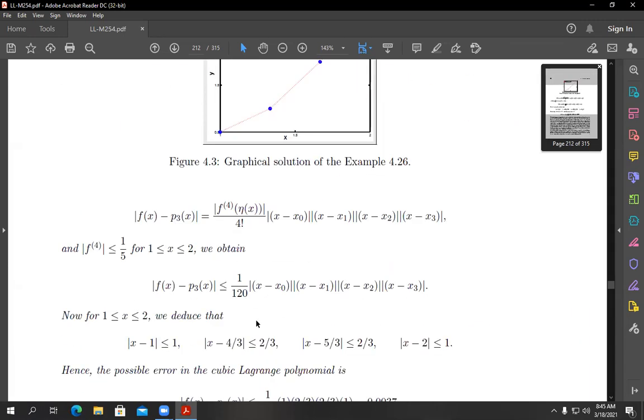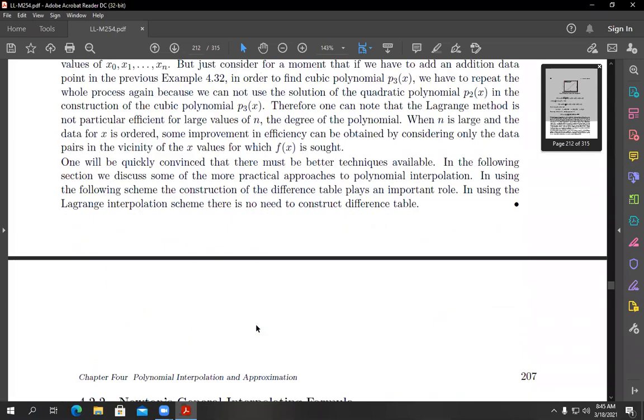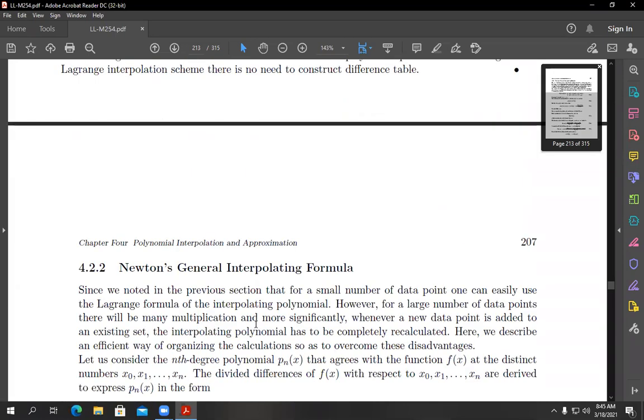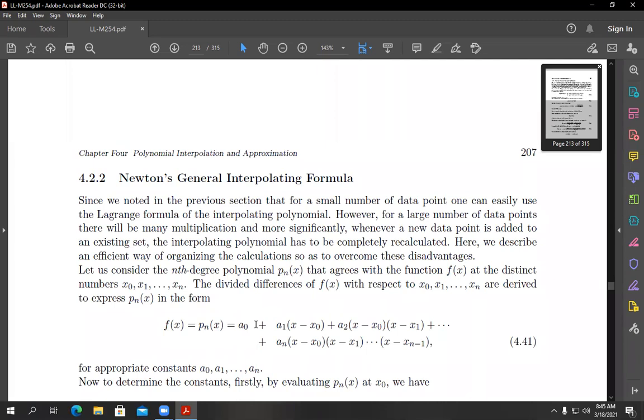So we finish half of the chapter, and we finish the first numerical method to find the approximation of the function at the given point, and that is called the Lagrange interpolation formula. The second one we will discuss next time, and that is called the Newton one.